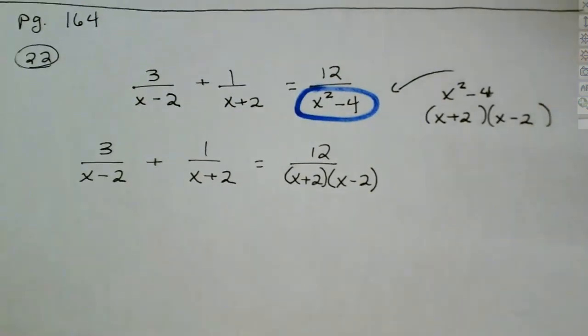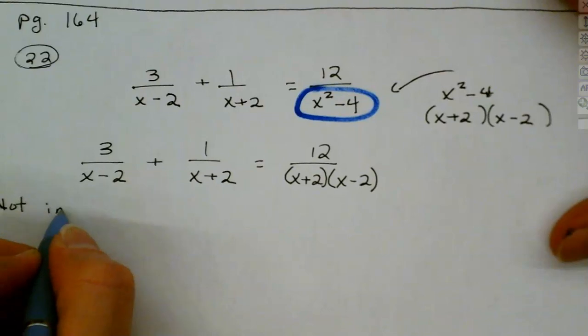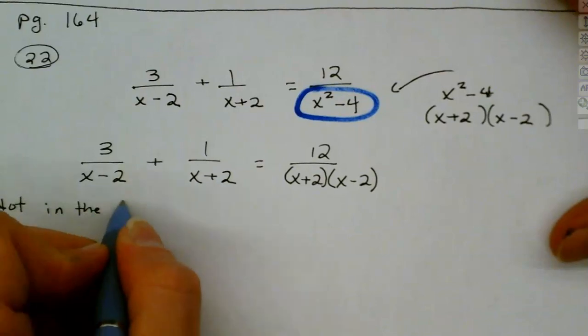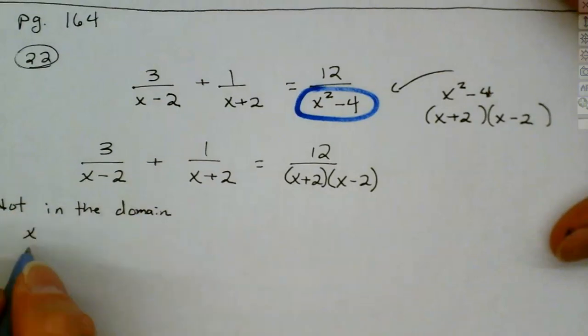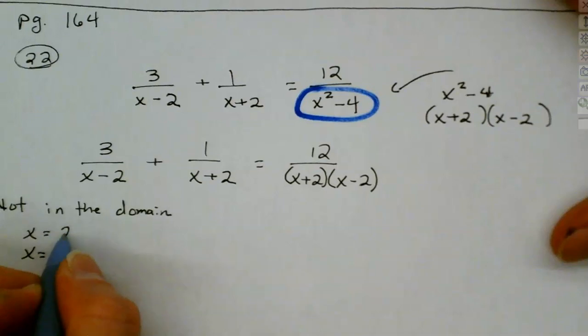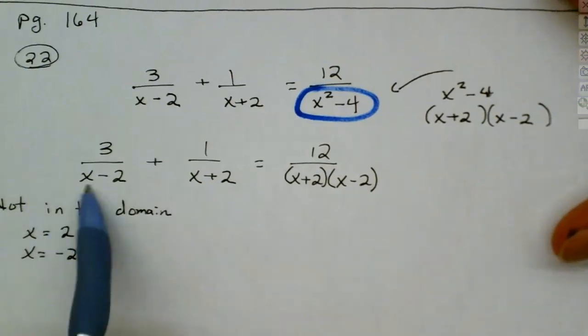Now, what numbers are not in the domain? What numbers are not going to work? Does anyone know? Right, 2 and negative 2. Why are 2 and negative 2 not going to work?